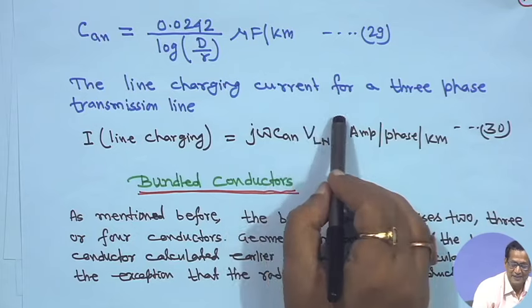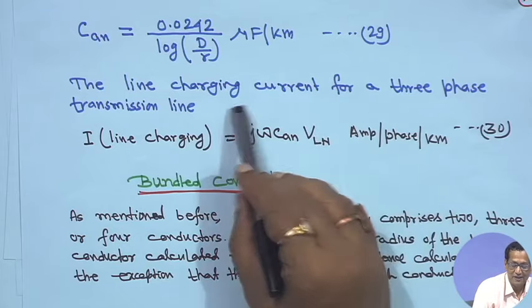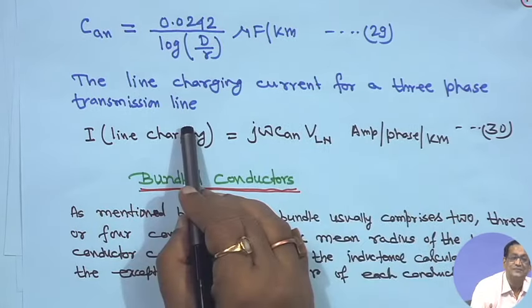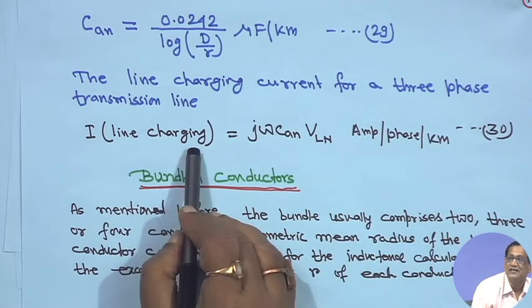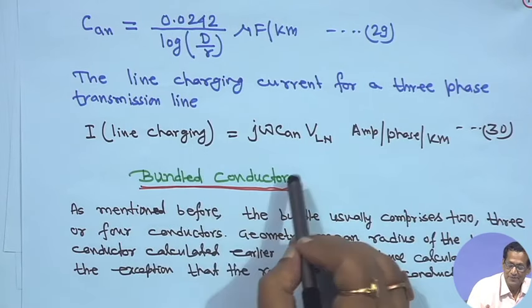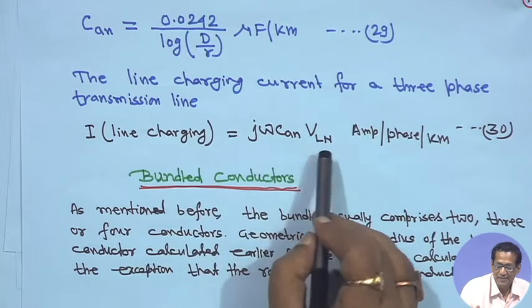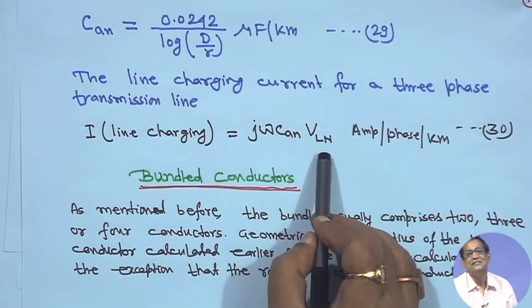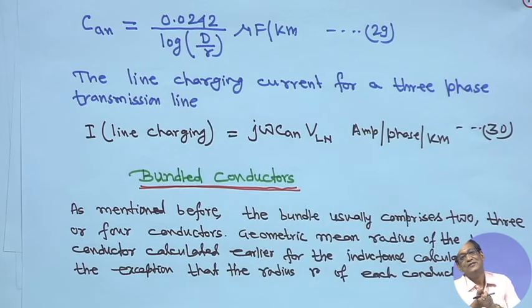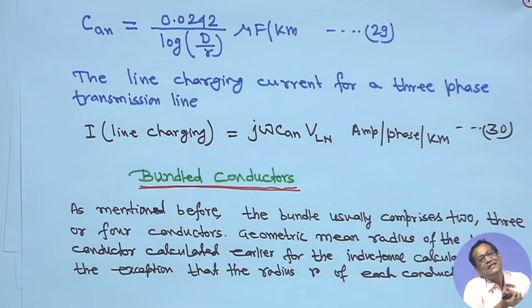Therefore, the line charging current for a 3 phase transmission line, I in bracket, I am writing line charging, same as before, is j omega CAN VLN, where VLN means line to neutral voltage. That means, if you have phases ABC, it is either VAN or VBN or VCN.